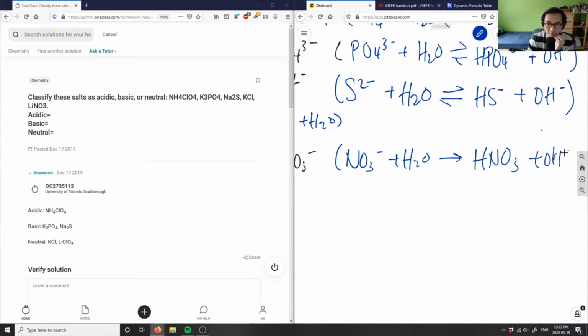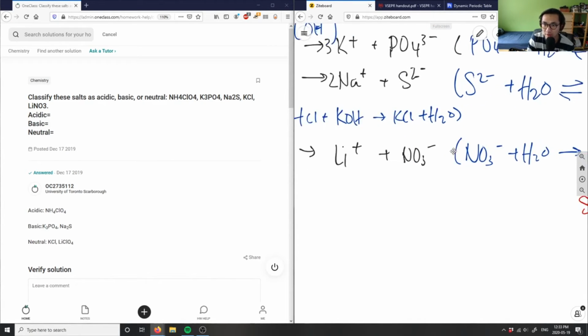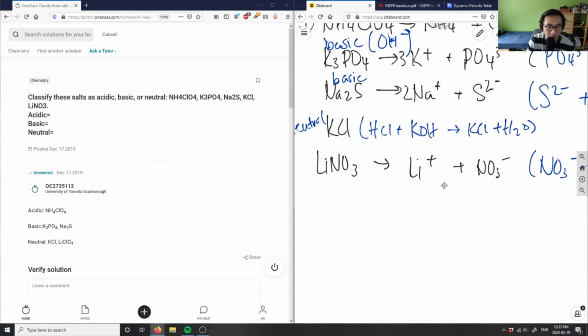And in this case, you might be fooled by this because I have OH minus here. Oh, it's basic. But you have to realize that this nitric acid here is not a weak acid. This here is a strong acid. So in this case here, this OH minus is basically negligible, and you can say that this is a product of, again, a strong acid and a strong base reaction here.